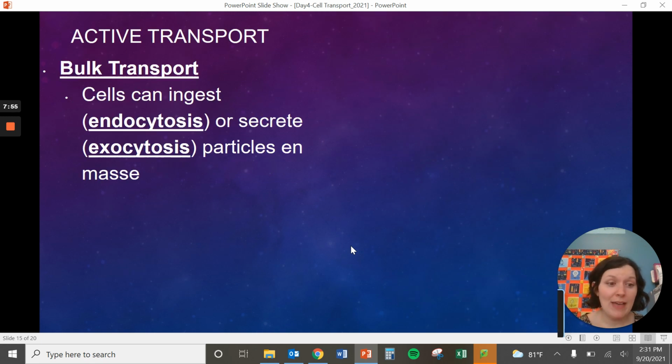Okay, another type of active transport that is different is bulk transport. This is bulk dealing with movement of large quantities or large molecules. And so we can have endocytosis and exocytosis. Endo is when cells ingest something, it's going in. Exocytosis is going out.